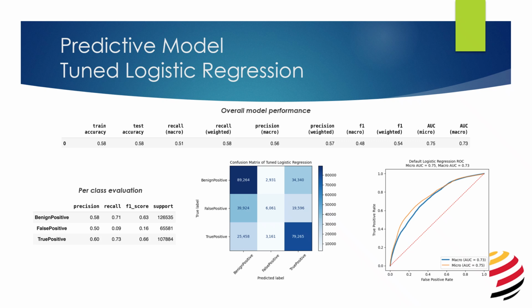The confusion matrix shows the false positive class continues to be overwhelmingly misclassified as benign positive, and the ROC curves overlap almost exactly with the previous slide. In short, hyperparameter tuning here yielded no real improvement, confirming that logistic regression isn't powerful enough for this task.